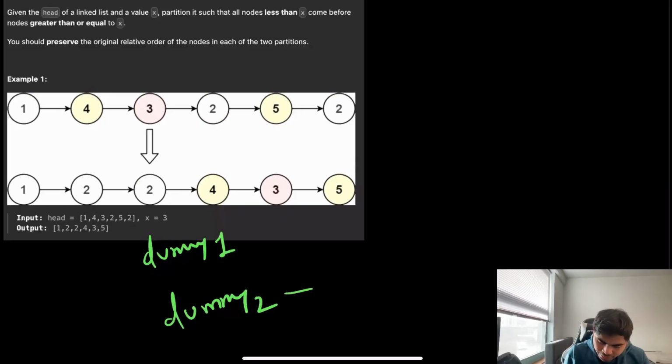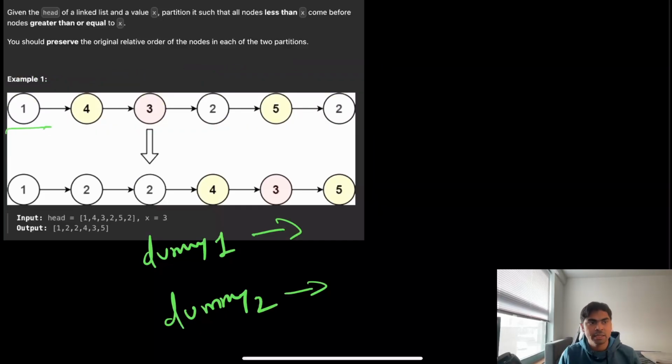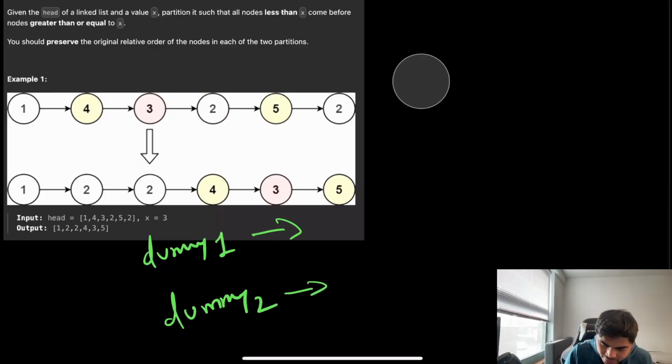What we are going to do is traverse this entire list and take out the nodes and store them into the dummies depending on where they fall in comparison to the value of x. x is an integer, so it's a value in itself, so compare it with x. In this case, x equals 3.